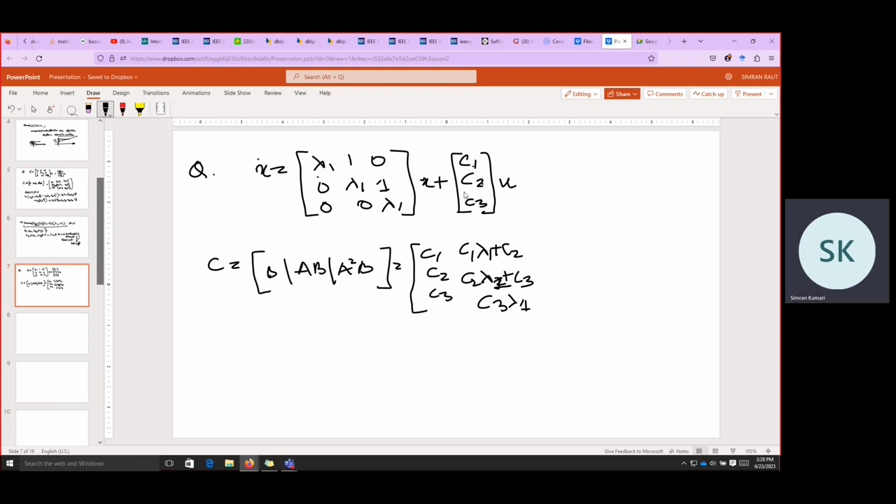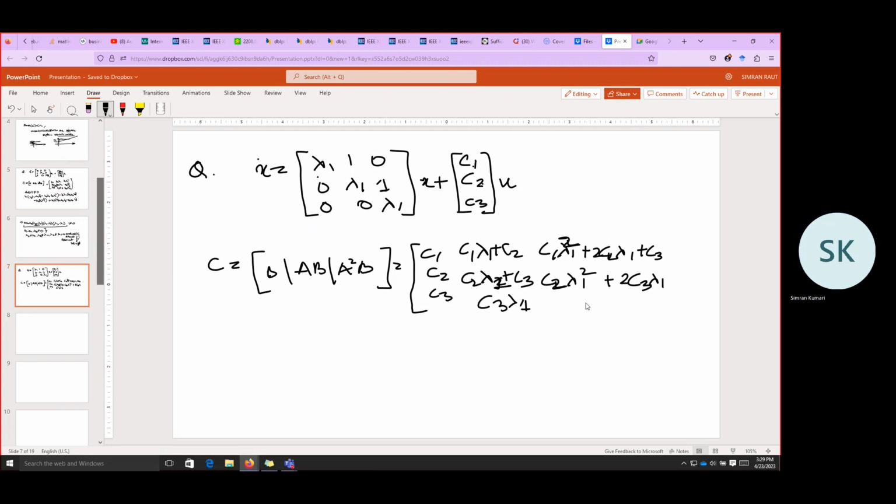Then we have A square B. When we computed, this will be C1 lambda 1 square plus 2 C2 lambda 1 plus C3, then C2 lambda 1 square plus 2 C3 lambda 1, and at last C3 lambda 1 square. So this is the controllability matrix.